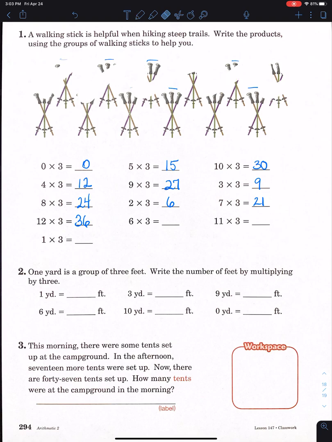Let's erase the marks. Okay. 6 times 3. 3, 6, 9, 12, 15, 18. 6 times 3 equals 18.